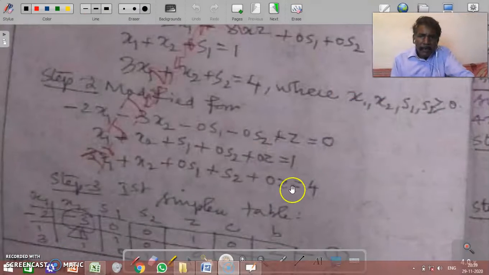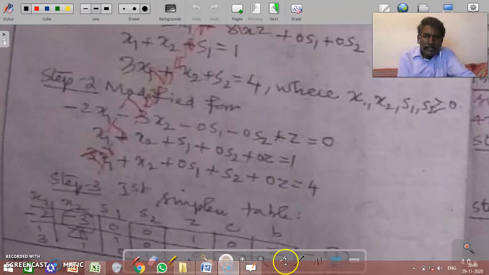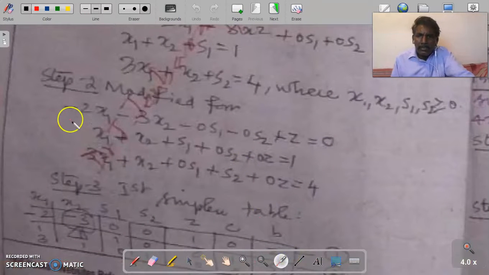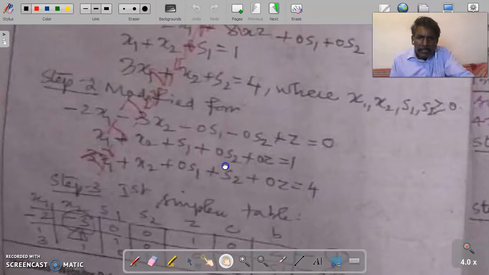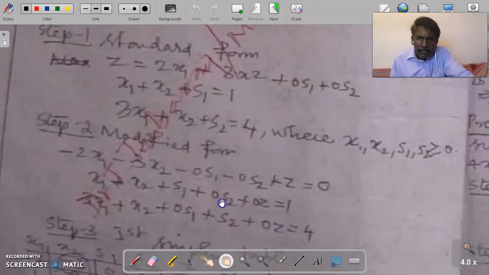Take for example x1, x2, x3, or slack variables s1, s2, or surplus variables s1, s2; we are bringing them on one side and the constant on the other side. That's what we call a modified form. Now I will bring this down so that you can understand well.